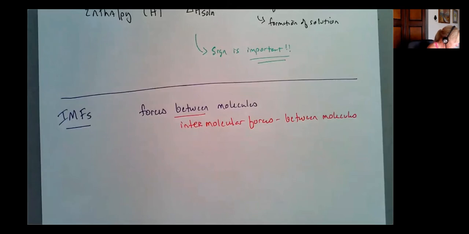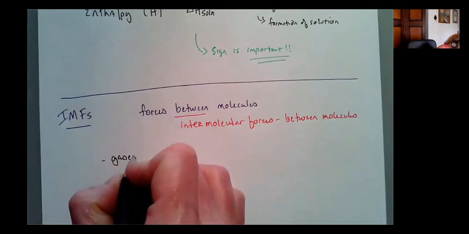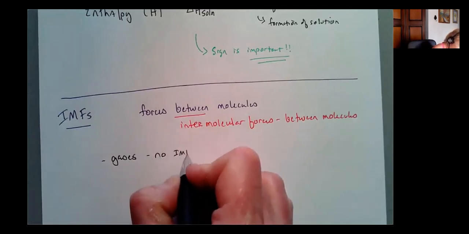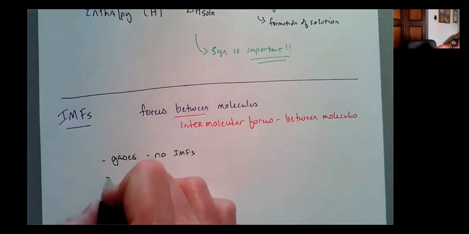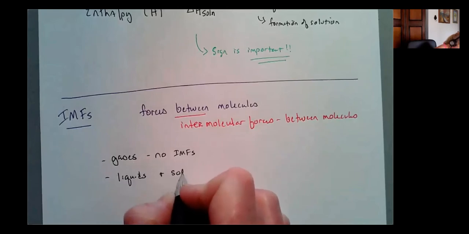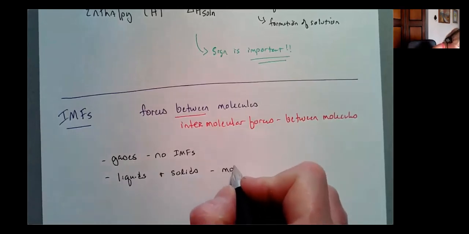Now remember from gases, the tenet that we can treat gases as ideal: gases have no intermolecular forces because they have high kinetic energy, they're in constant movement, and so they really don't have any intermolecular forces between them. So when we think about intermolecular forces, we're thinking about liquids and solids, because in these cases the molecules are closer together.